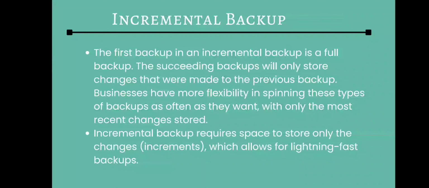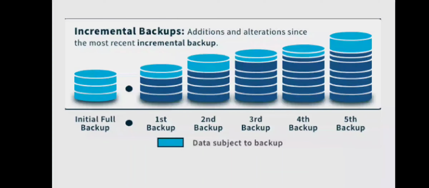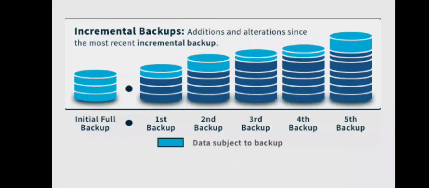Incremental backup requires space to store only the changes, which allows lightning fast backup. Yes, it only takes the addition of the data. It does not give any different type of data. It gives you an increment into your backup. Updation of the data is known as increment of the data.